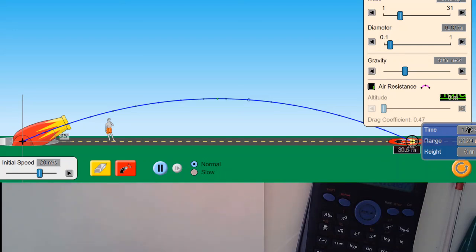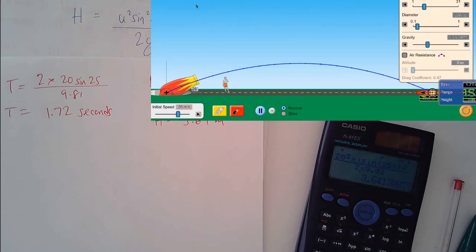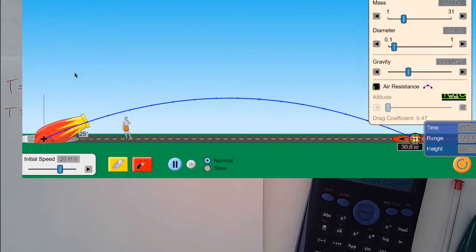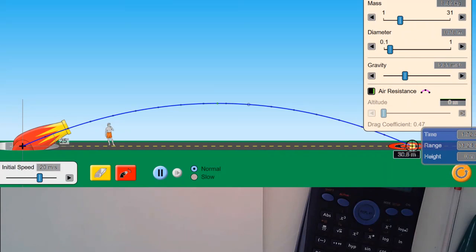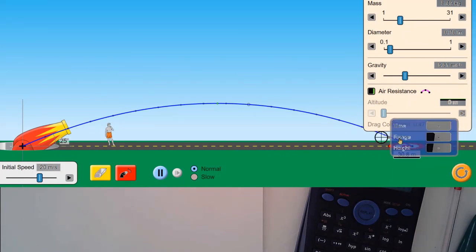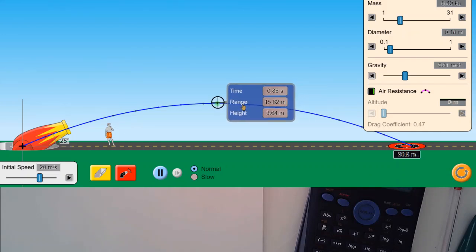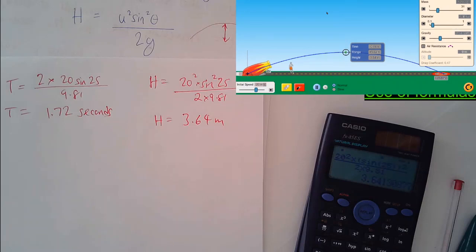See that? 1.72. Right, that's what I calculated, 1.72. And the height, that's the maximum height reached, is here at that point there. Maximum height 3.64 there, 3.64 is exactly what I calculated. If I just show you, there, 3.64 meters.